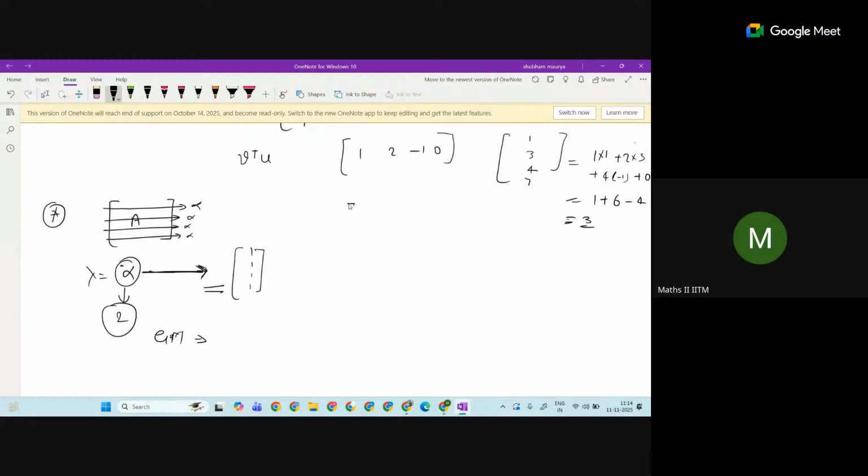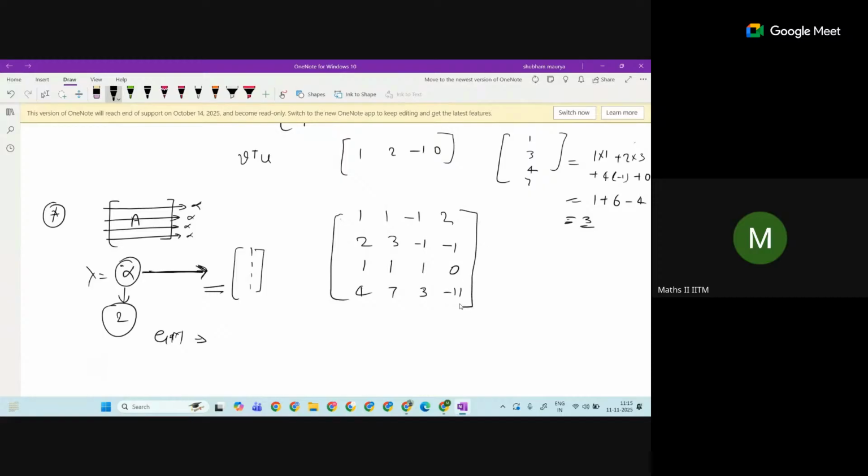So for example, let's say I have a matrix with rows like 1 minus 1 2, 2 3 minus 1, 1 1 1 0, and 4 7, 3 and minus 11.